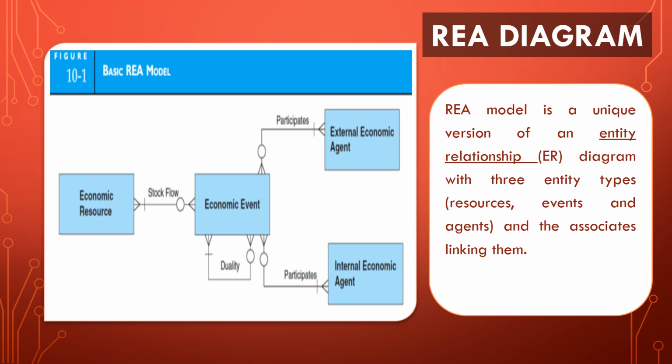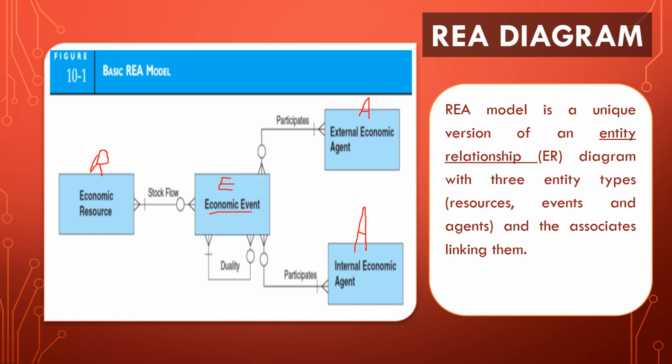So you can see here in this diagram, we have economic events. Here we have resource. And here we have agent.